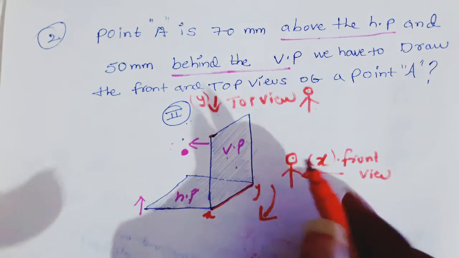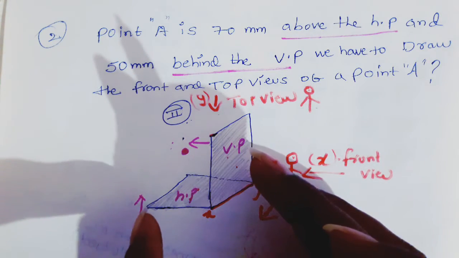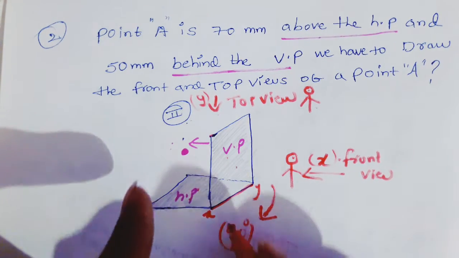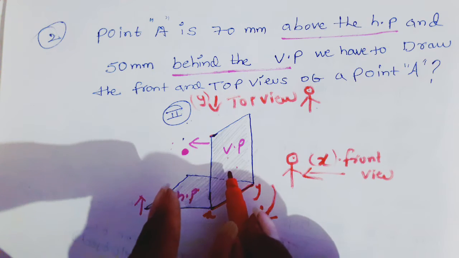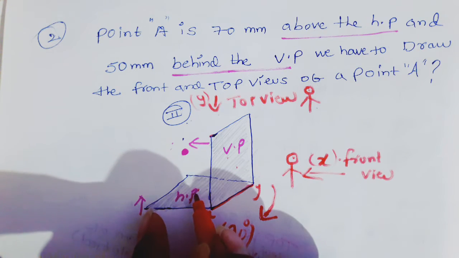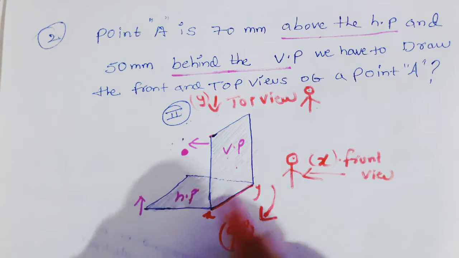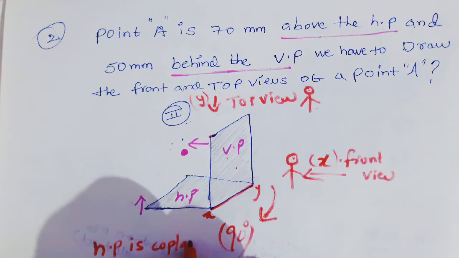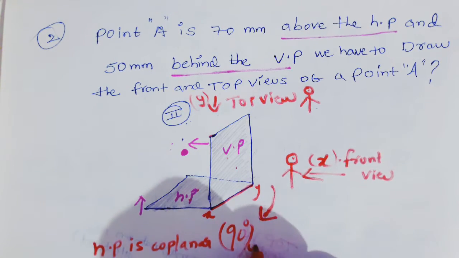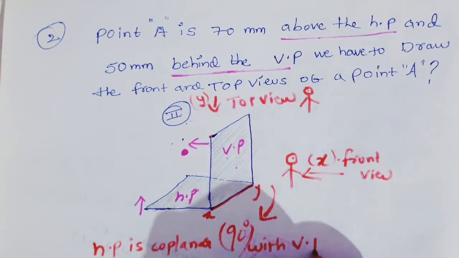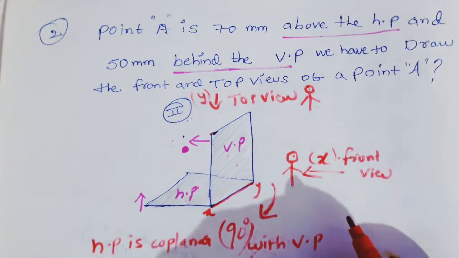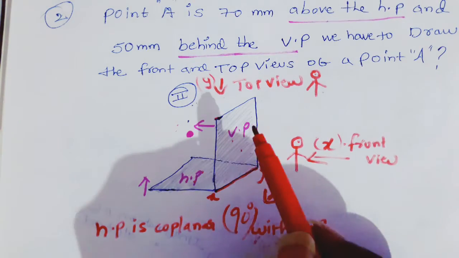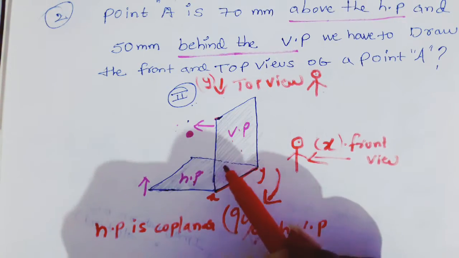When you turn this HP through an angle of 90 degrees, the HP will coincide with VP. That means HP will become coplanar with VP. Then again you have to imagine that this VP is transparent.